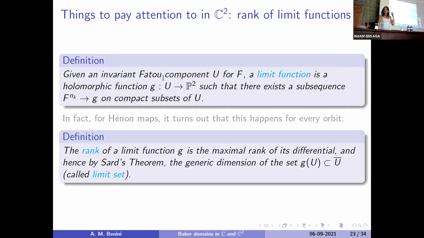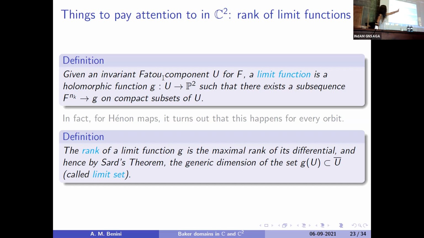So we say that a limit function is one of these functions that you get when you take limits of iterates. So there exists a sequence of iterates which converges to this holomorphic function, on compact subsets of the closure of your manifold. And once you have a limit function, you can look at the rank of this limit function by looking at the rank of its differential.